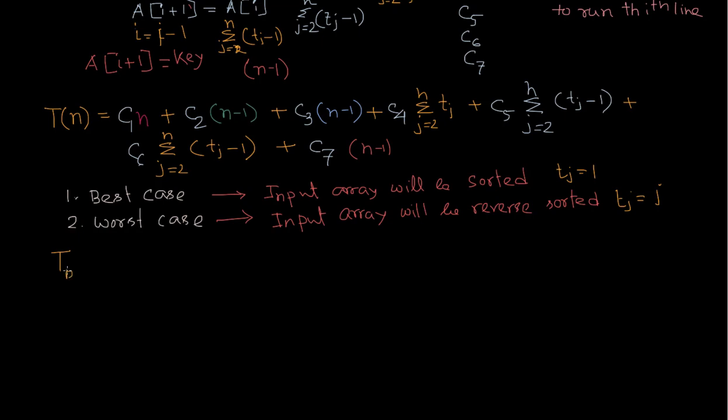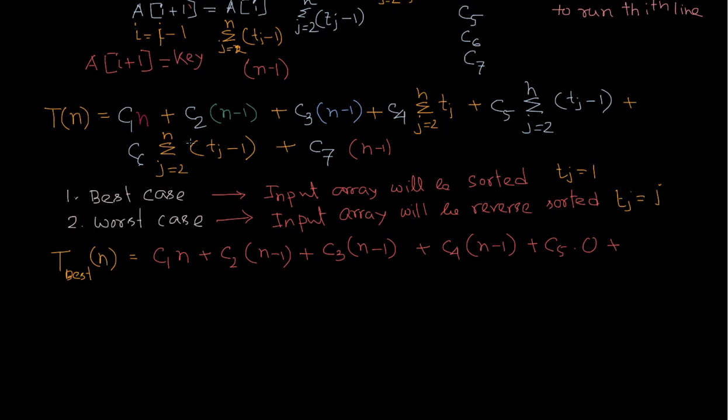So if I write best case T of n over here: c1 n plus c2 (n minus 1), this will not be changing, plus c3 (n minus 1) plus, since tj is 1 with j equals 2 to n, that is n minus 1, c4 into (n minus 1) plus c5 into 0, plus c6 into 0, plus c7 into (n minus 1).